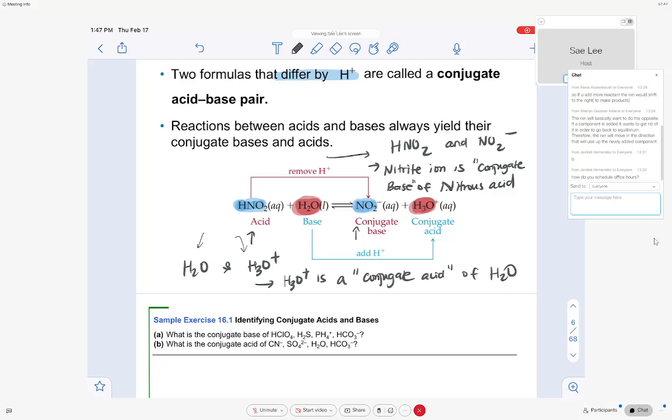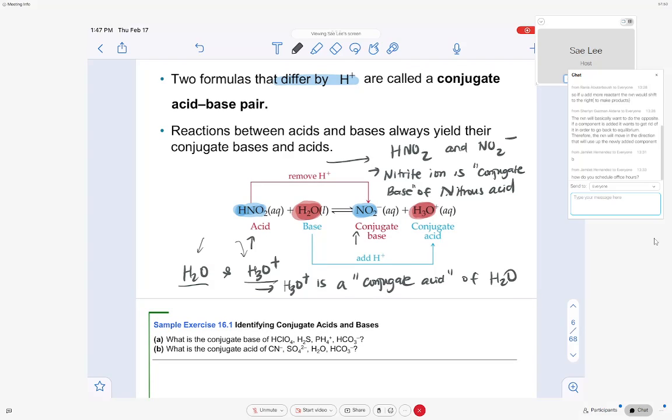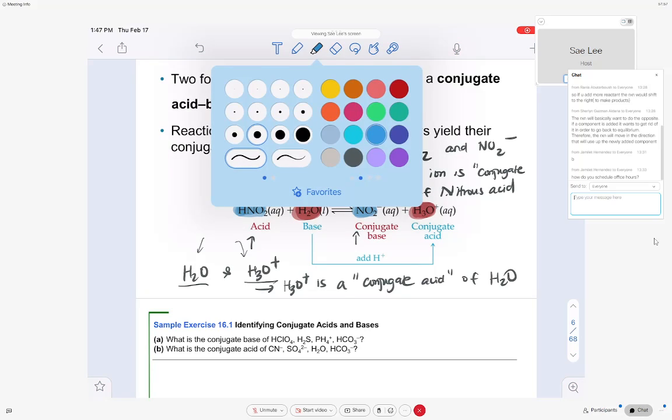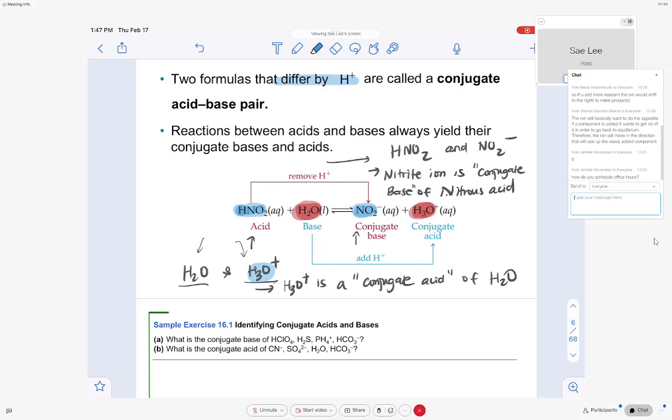Okay, it needs to have an extra proton so that it can lose it, right? So between these two, which one has more protons? Hydronium ion has more protons. So this is an acid. Okay, this is a conjugate acid of this base.